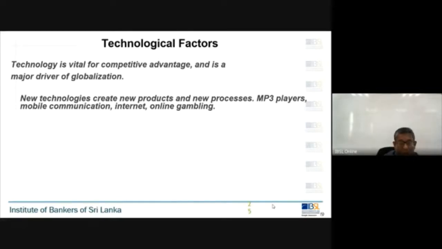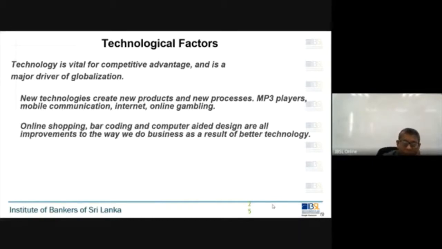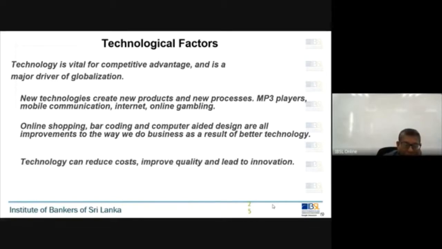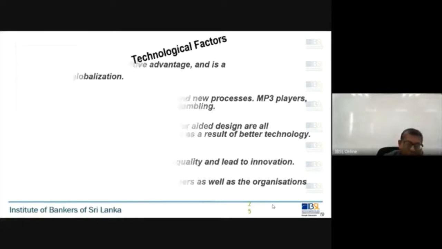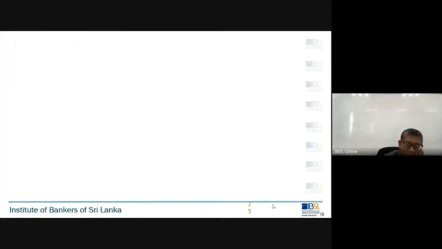To what extent can we incorporate it into our strategic plan? So we need to consider all these things. Then we need to look at how technology reduces the cost and how we can gain competitive advantage. Through that, how can we talk about the innovativeness of our bank.